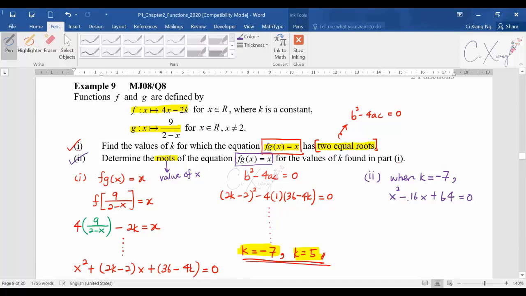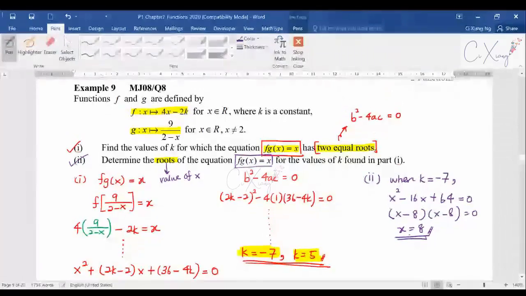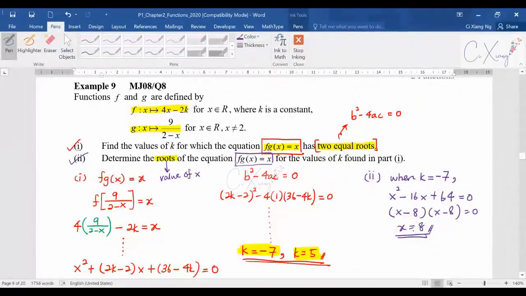So you'll get a quadratic equation like this, and you try to factorize it. Now you will get x minus 8 squared equals 0, and you'll get one value for x only, which is x equals 8. That means for this quadratic equation, you are having equal roots. x equals 8 and x equals 8, both of them are equal.